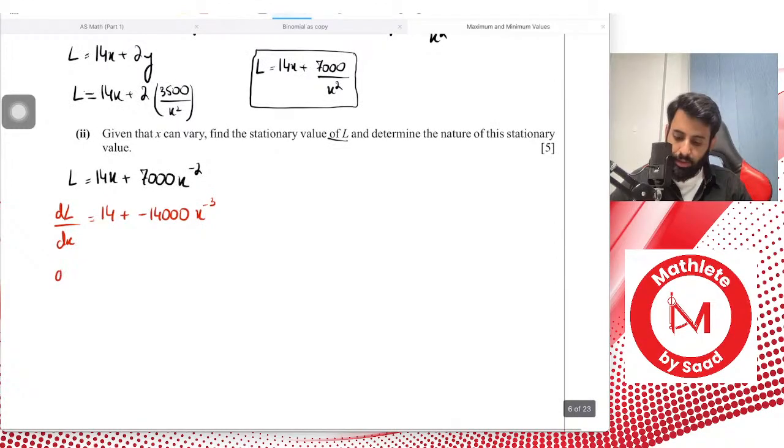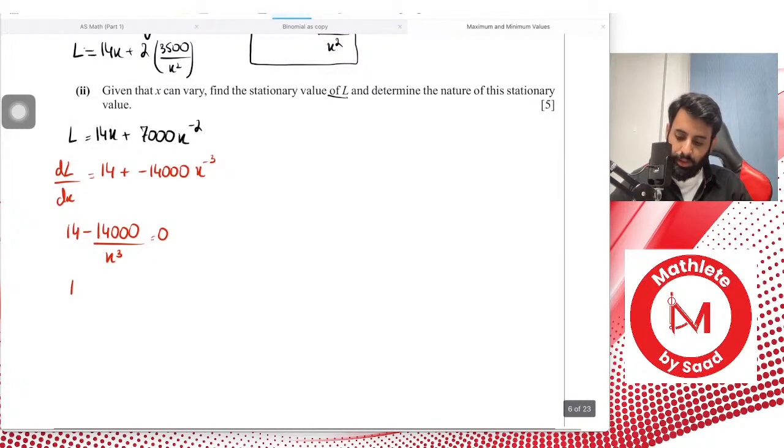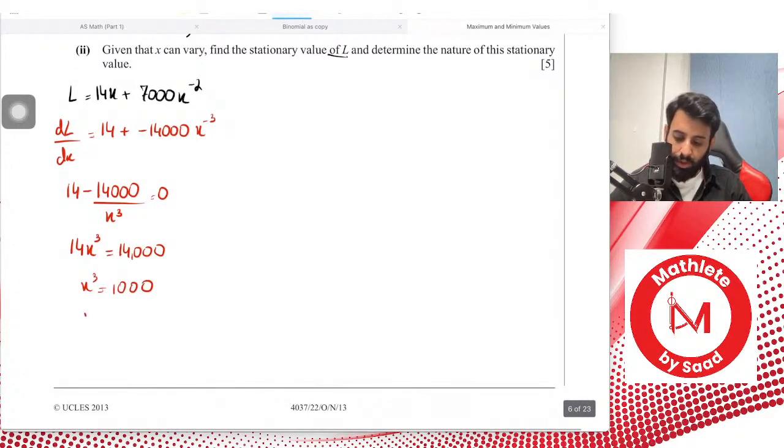Then we set it equal to 0. 14 minus 14,000 upon x cubed equals 0. If you solve this, you get 14x cubed equal to 14,000, which means x cubed is equal to 1,000. All right, and x equals what? x is equal to 10.